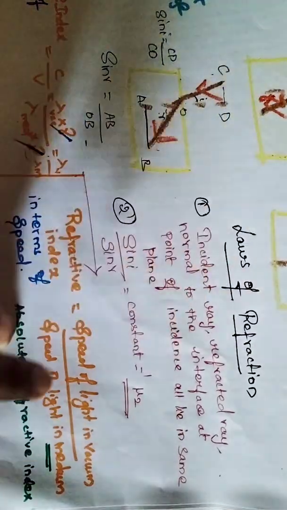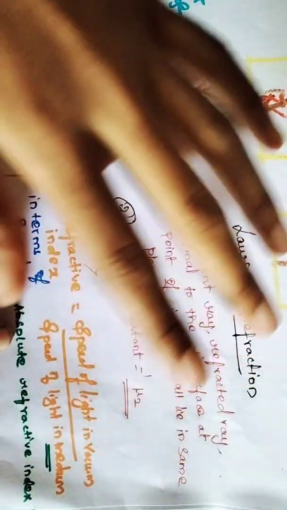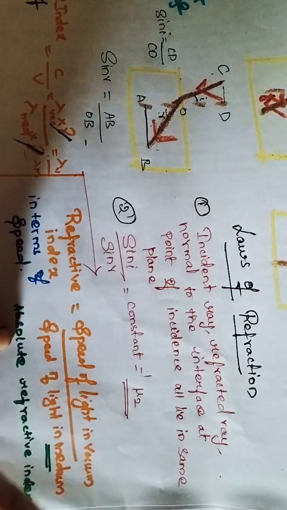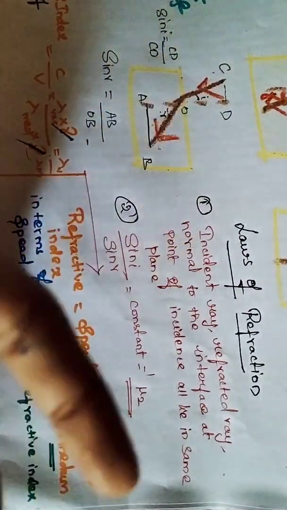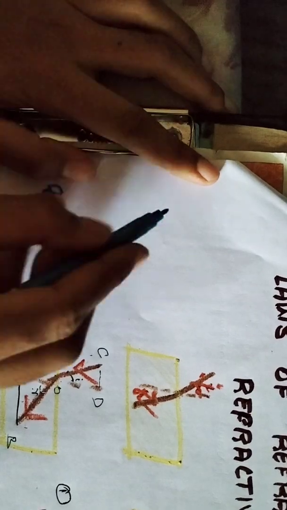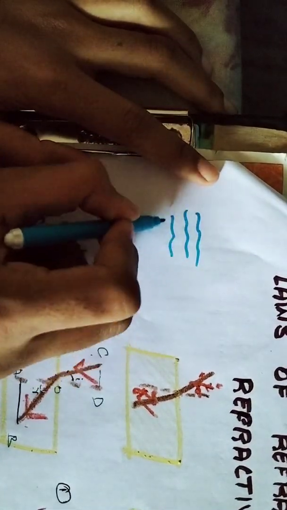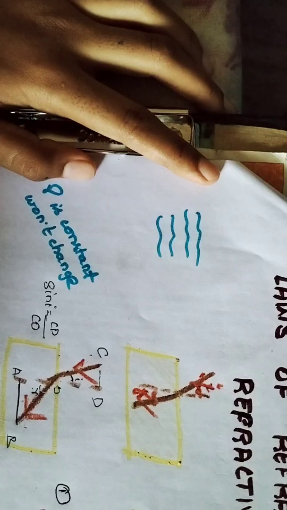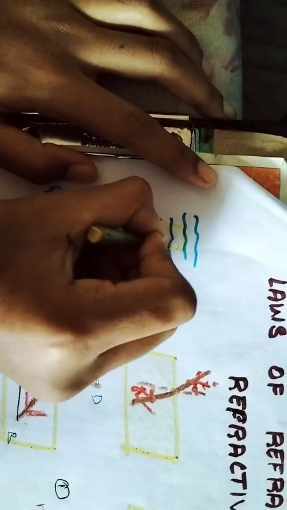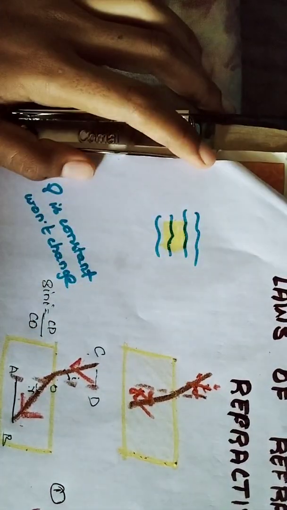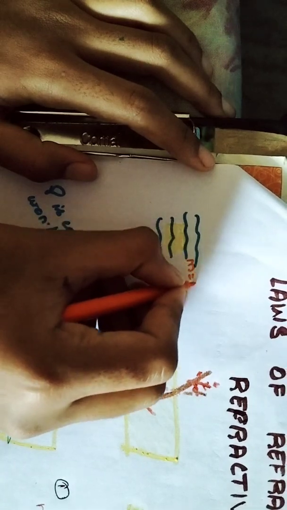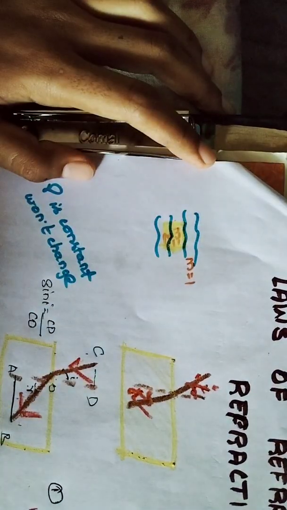If the first medium is vacuum and the second medium is water, that is absolute. But if you take the first medium as water and the second medium as a glass prism, then this is medium 1 and this is medium 2, correct, children?